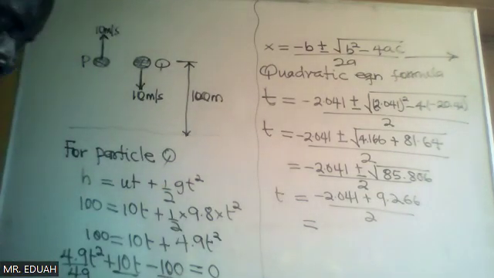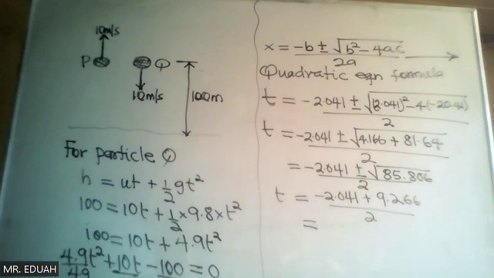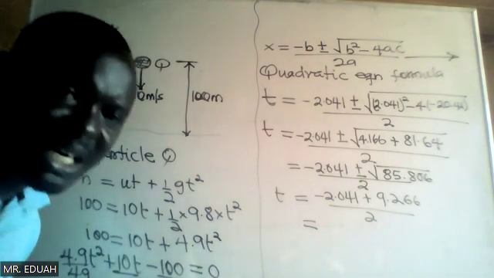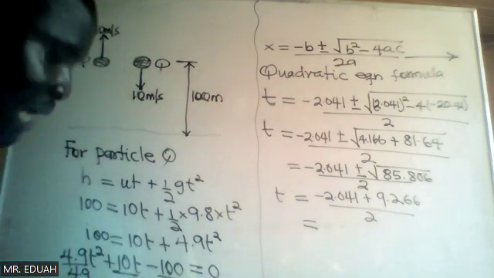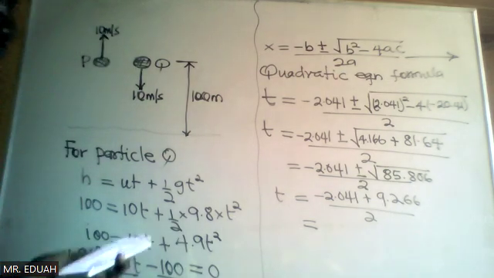Please quickly do that for me. 9.266 minus 2.041, we have 7.225.